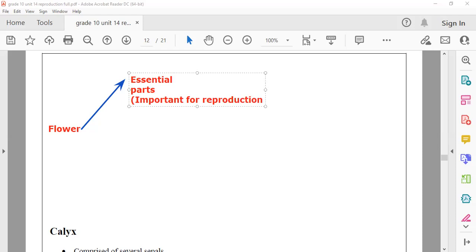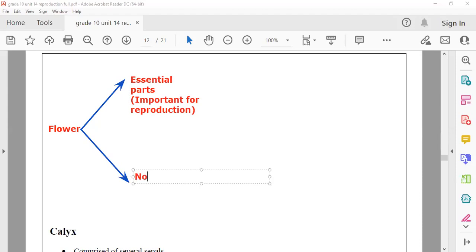If they are present only, the plant will do the reproduction. On the other hand, non-essential parts are not important for reproduction.